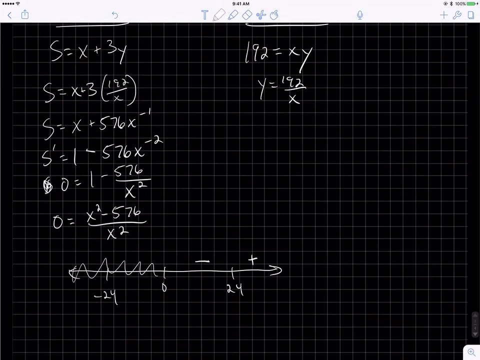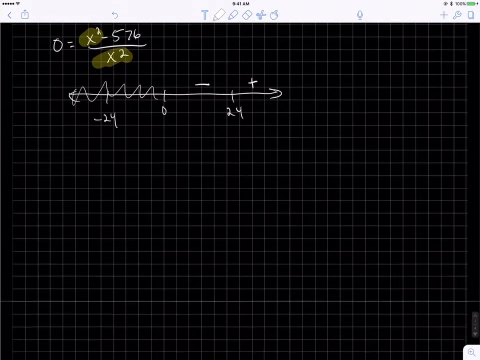It does. And that was x that I was solving for, as you can see here. So I know that x is 24, and to get y, I plug that back in to my secondary. And I get 8. Those are my 2 numbers, 24 and 8.